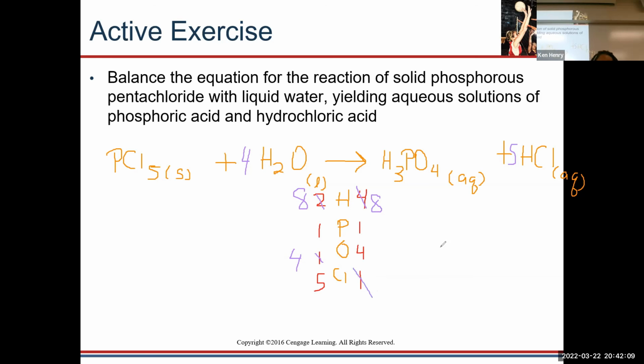And then that would be 5 chlorines. Okay, so that's 8 hydrogens, 1 phosphorus, 4 oxygens, 5 chlorines. So is that balanced? Yes. Good job.